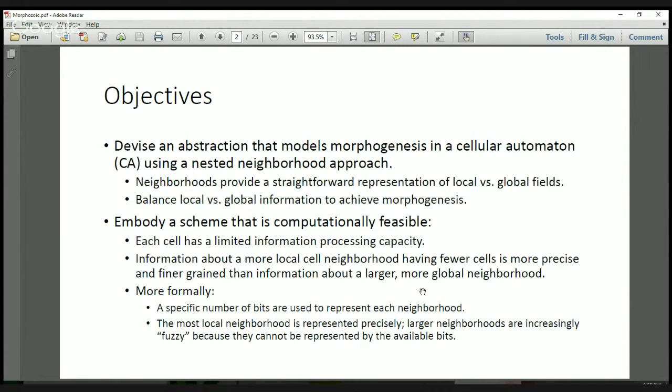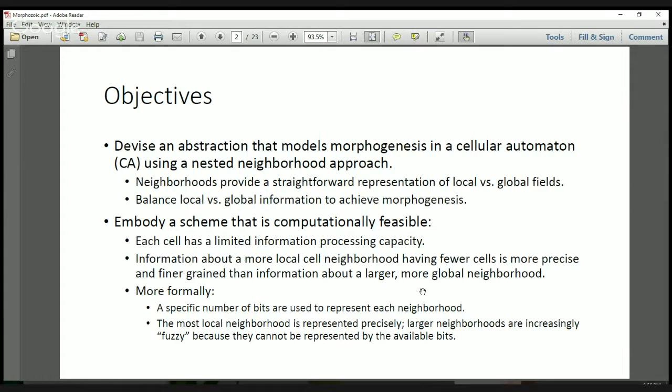So the objectives of this project are to devise an abstraction that models morphogenesis in a cellular automaton using a scheme called nested neighborhoods approach. Neighborhoods in a cellular automaton provide a very straightforward representation of local and global fields.